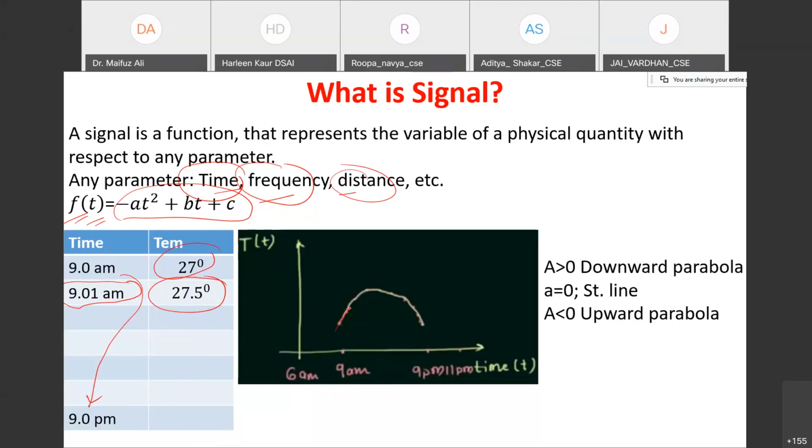You will get the data, with the maximum temperature at mid-day and the minimum temperature at the end of the day. This is your graph. The physical quantity is the temperature, and temperature is a function of time. You can present your temperature with respect to time in this way.